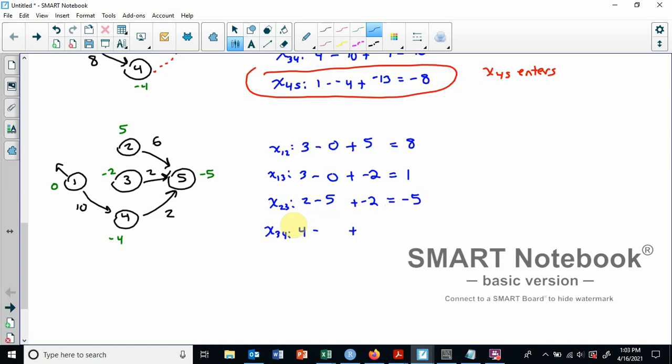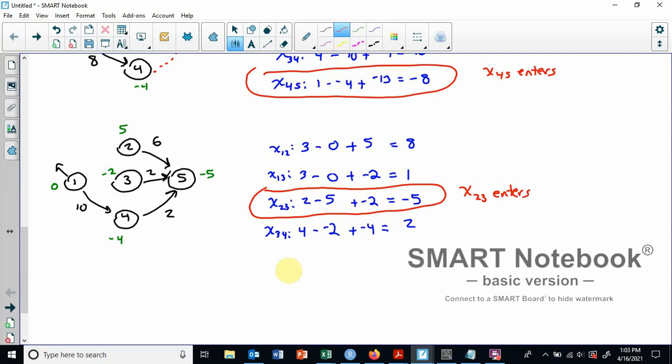And then let's check to see which one's more attractive, 2, 3, or 3, 4. 3, 4, so minus negative 2 plus 3, so plus negative 4. All right, let's see what that's going to be. That will be 4 plus 2, that'll be 6, plus negative 4, that'll be positive 2. So not attractive, we only have one attractive variable at this step, x23. So x23 will enter.